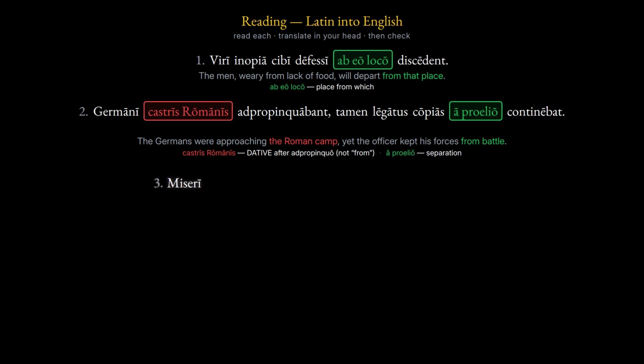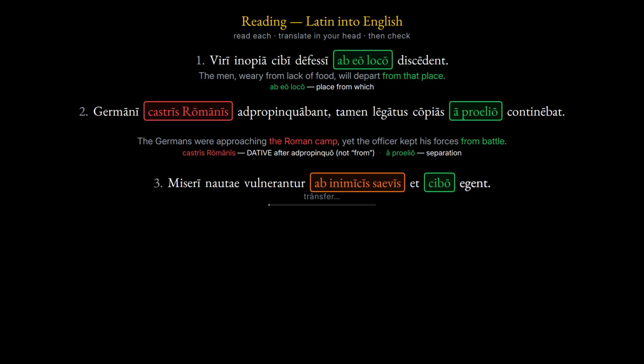Third. Miseri nautae vulnerantur ab inimicis saevis et cibo egent. The wretched sailors are wounded by the savage enemy and lack food. Here the enemy is the personal agent with its preposition, while food is a bare separative after lack. Fourth.